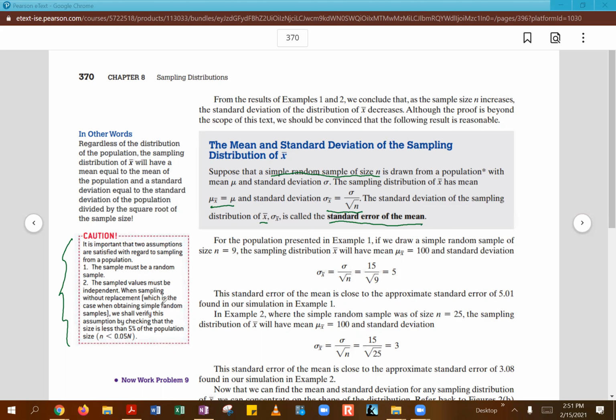When sampling without replacement, which is what happens with simple random samples, you have to verify that your sample size is less than 5% of the population size. Okay, so that's one thing you have to think about. So let's go back to our problem over here.